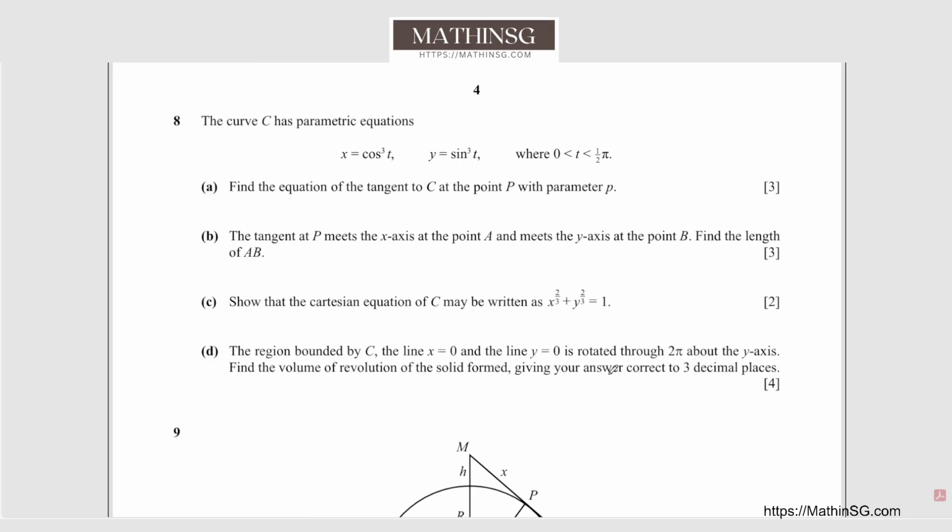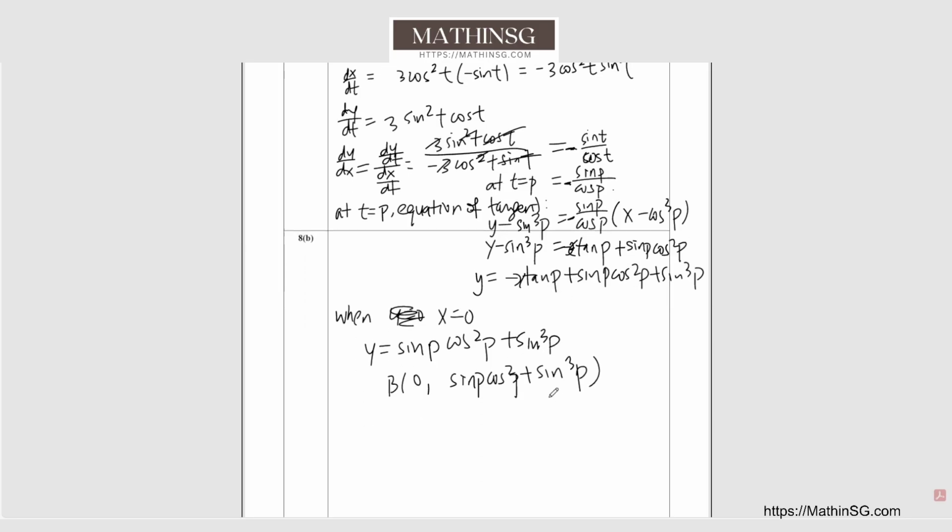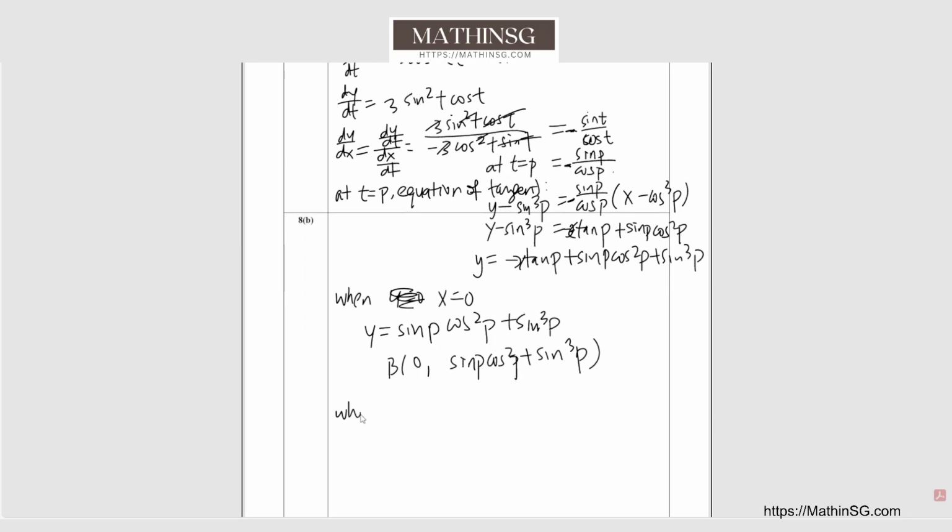So this is point B, right? So B is (0, sine p cos squared p plus sine cubed p). Okay, next I want to find A. So that means when y is 0, I'll have, so this y is 0.